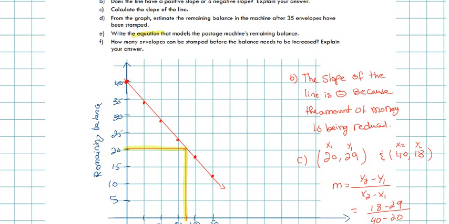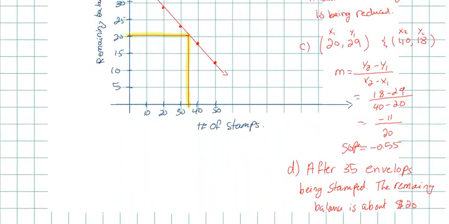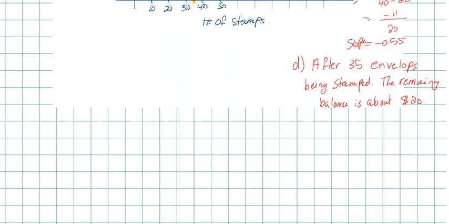Y equals negative 0.55x plus 40. Right? Because I found it, it's negative. I got the slope from here, which I found earlier.